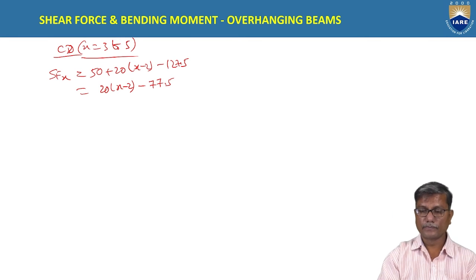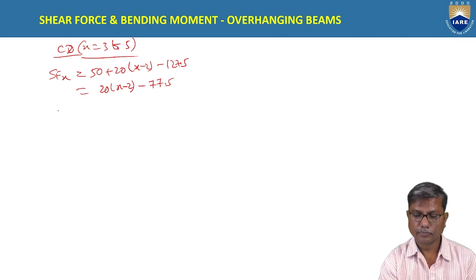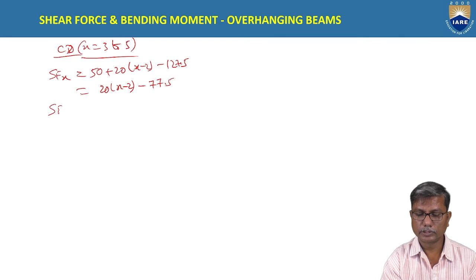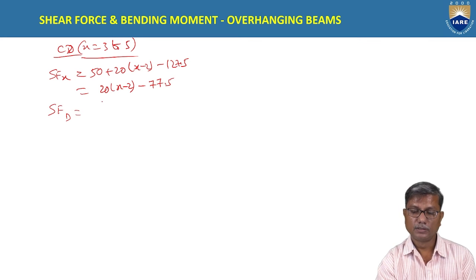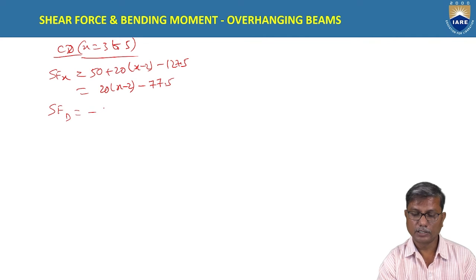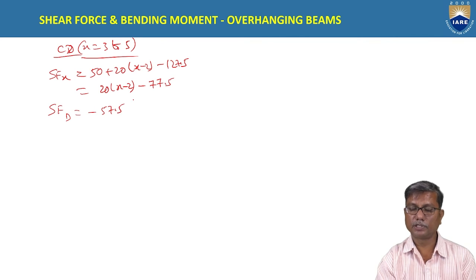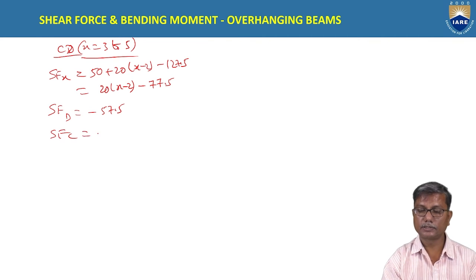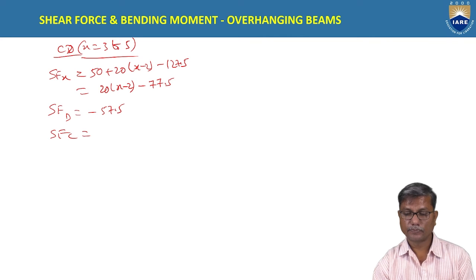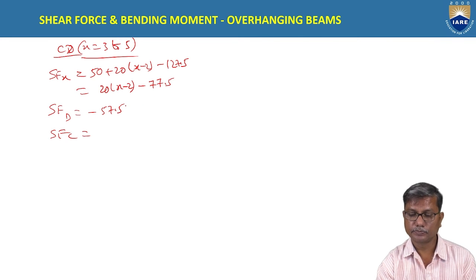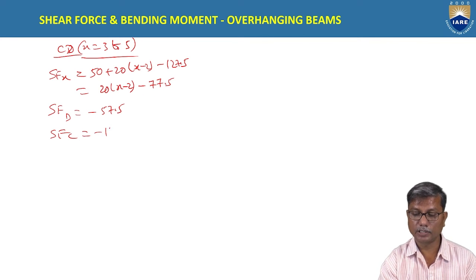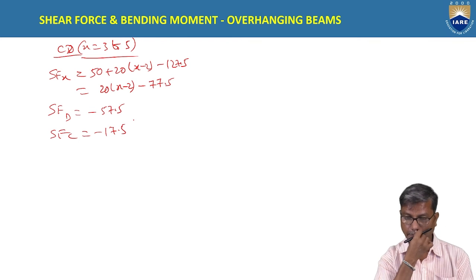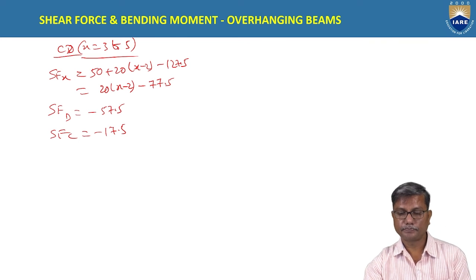Now, shear force at D, at x equal to 3, is 20 minus 77.5. And shear force at C, at x equal to 5, becomes 60 minus 77.5. So minus 17.5.